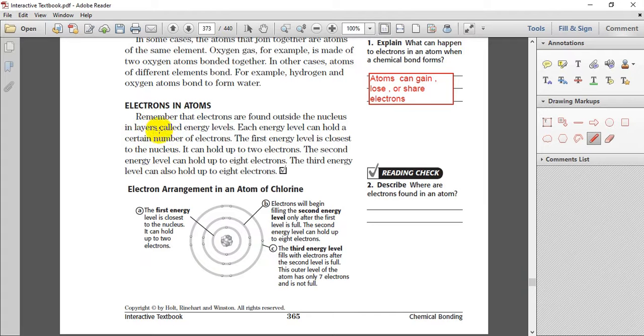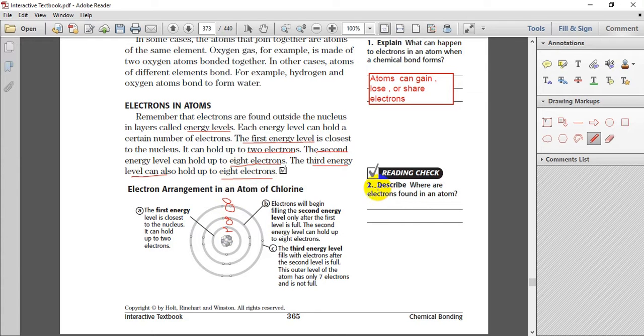We said that the first energy level, the closest to the nucleus, can hold 2 electrons, the second can hold 8 electrons, and the third energy level can also carry 8 electrons. So 2, 8, 8.